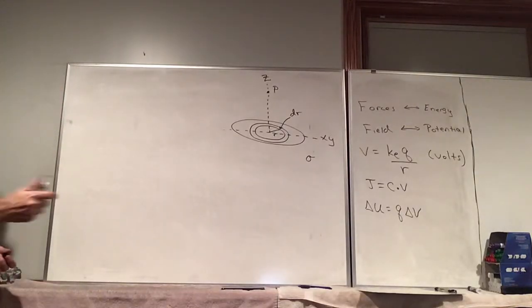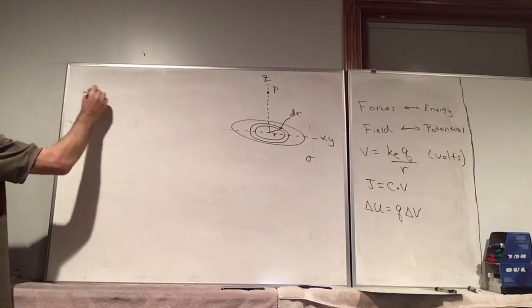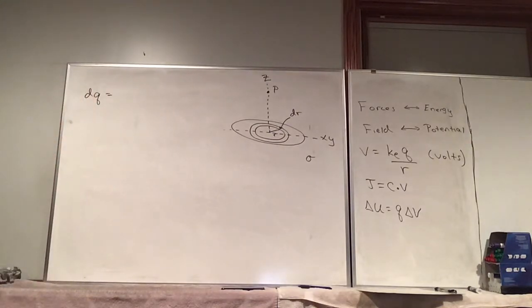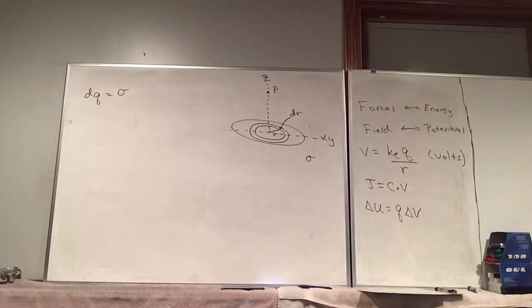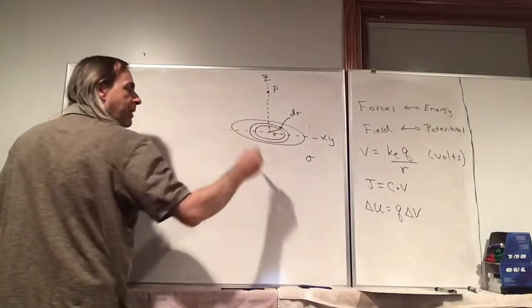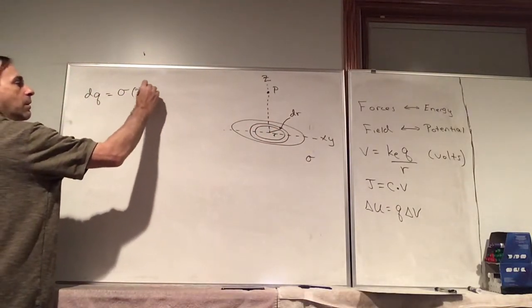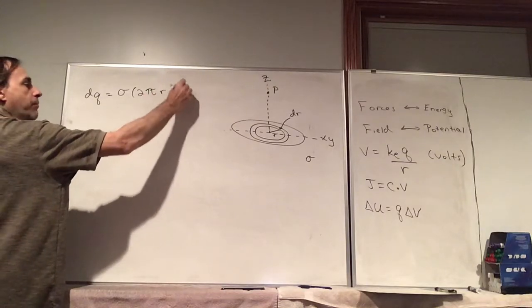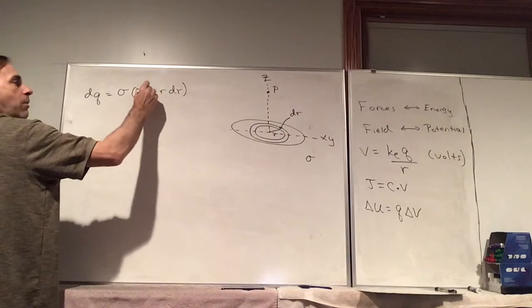And the charge on that ring, we'll call that dq. That's just the density times the area. And the area of this ring would be 2 pi r dr.